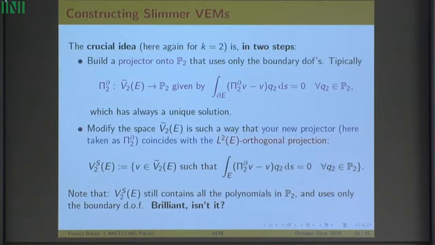So remember, you have a lot of degrees of freedom. I'm given one guy here, v, and I know its boundary value. Now I want to construct a projector, which will not be the orthogonal projector, of course, but a projection that will give me this P partial 2 v, which is a polynomial of degree 2, which essentially is the projection of v. The boundary values of this guy are the projection of the boundary values of that guy onto the traces of the polynomials of degree 2.